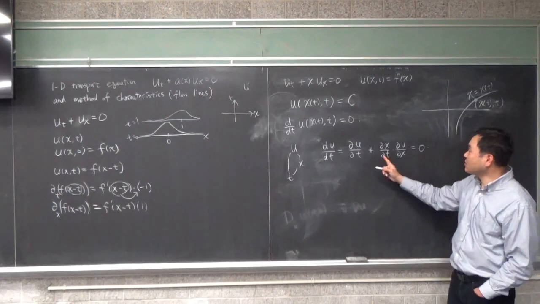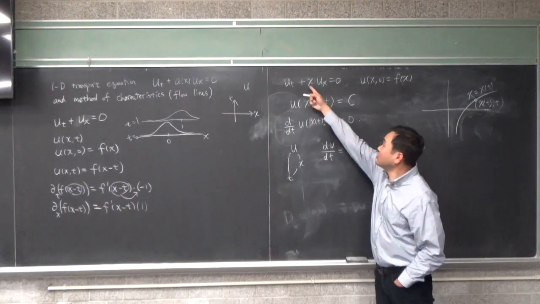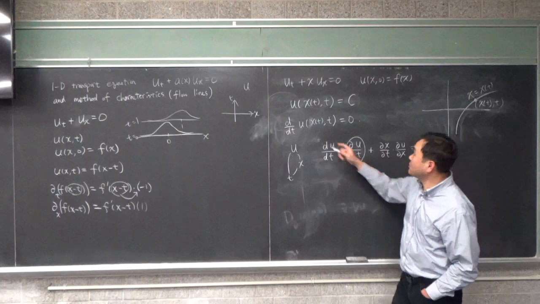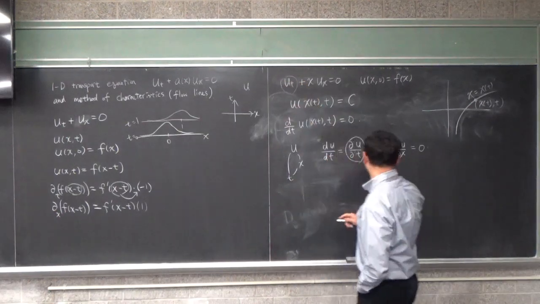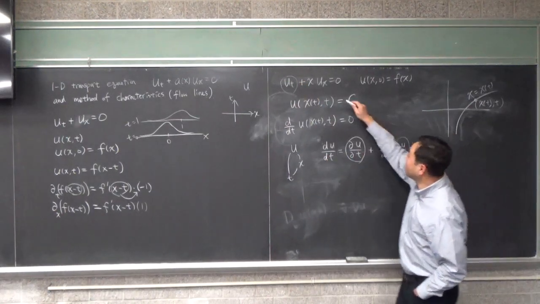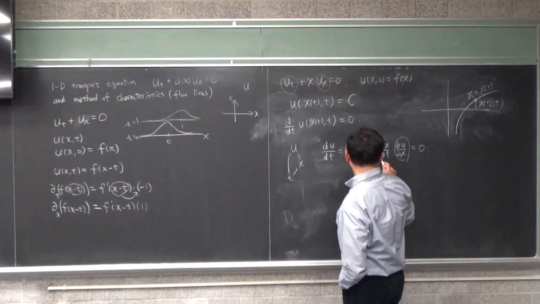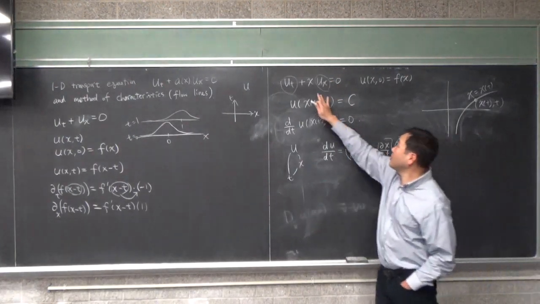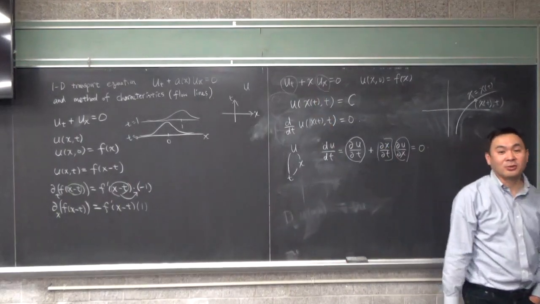Now, look at this, compare it with this. Aren't these almost the same? This is u differentiated by t. This is also u differentiated by t. This is u differentiated by x. And, oh, this is different. You have the derivative of x with respect to t, and this is just x. Okay.